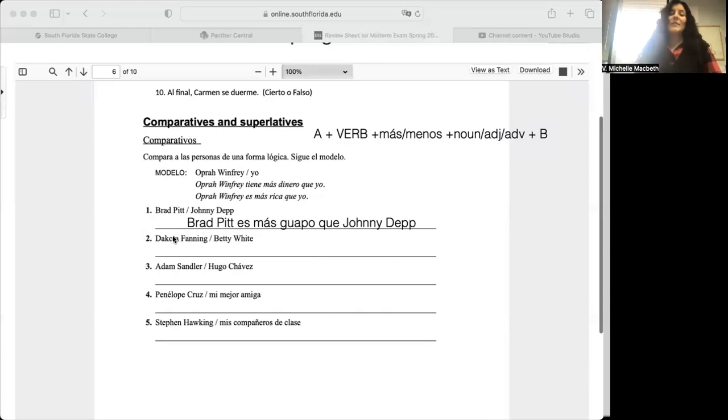So Dakota Fanning is younger than Betty White, or we could say she's less old than Betty White. I like that. Let's do that. So let's say Dakota Fanning es menos vieja que Betty White.